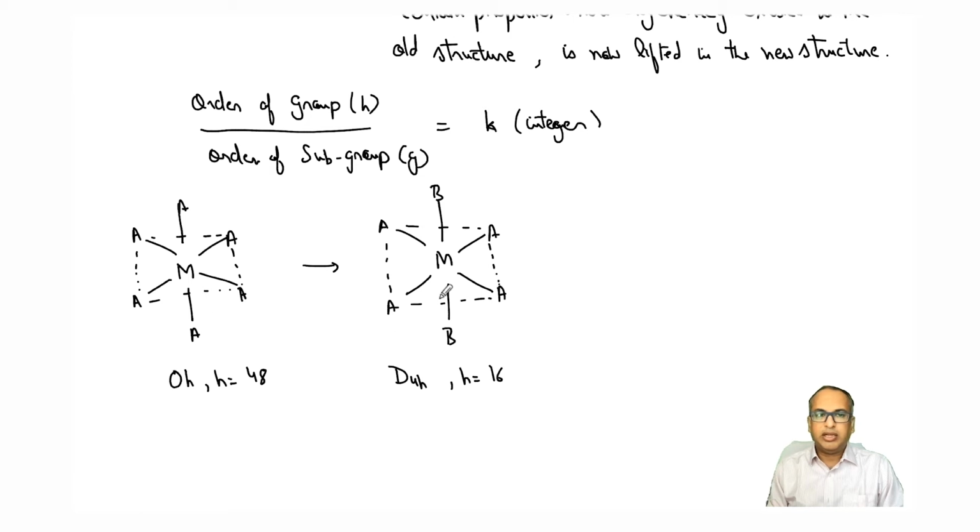That means there is a group subgroup relation between Oh and D4h. Now if you go further and substitute this B with C, then what do you get? I'll just mark where the substitution is. So we have B here.